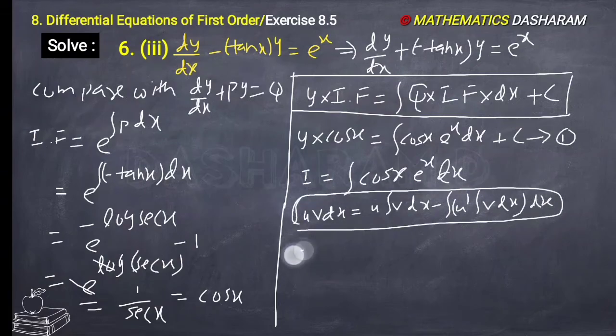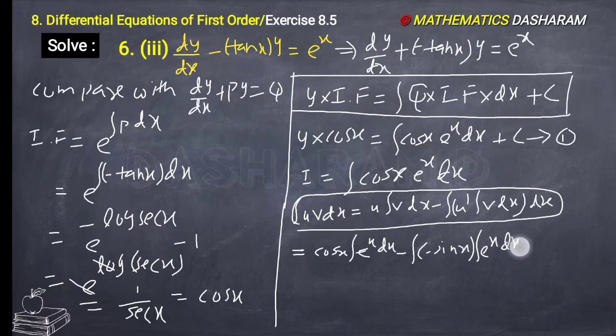So it equals cos x into integration e power x dx minus integration of the derivative of cos x, which is minus sin x, into integration e power x dx, whole dx.